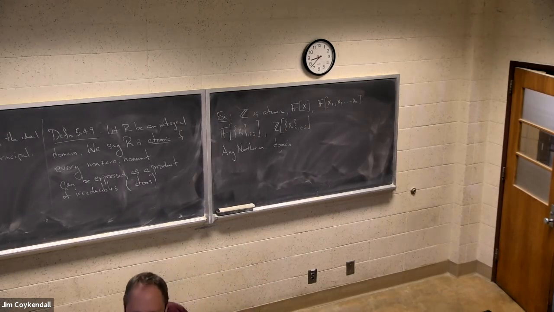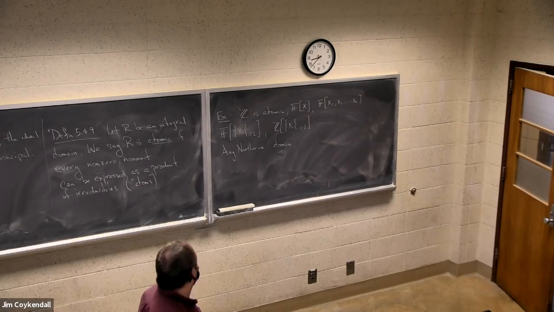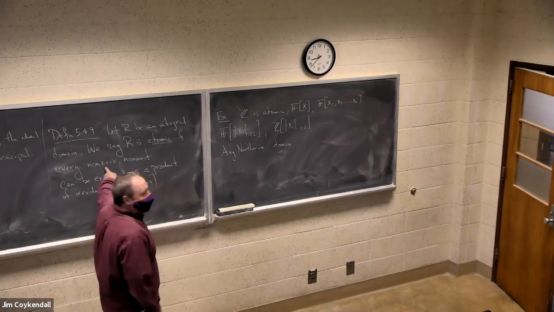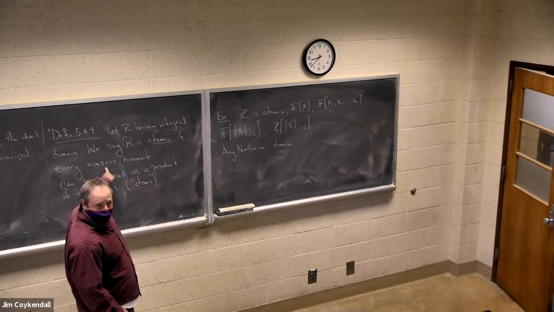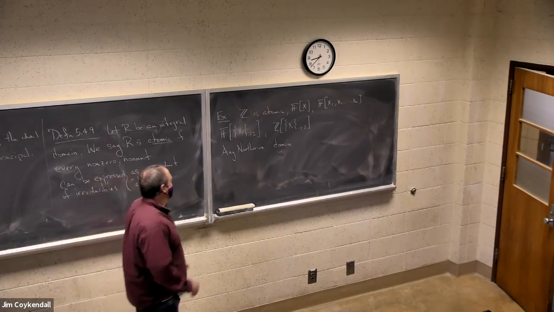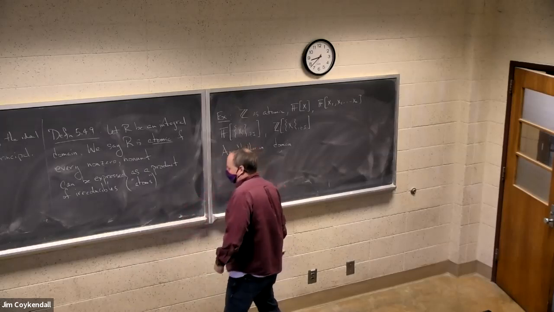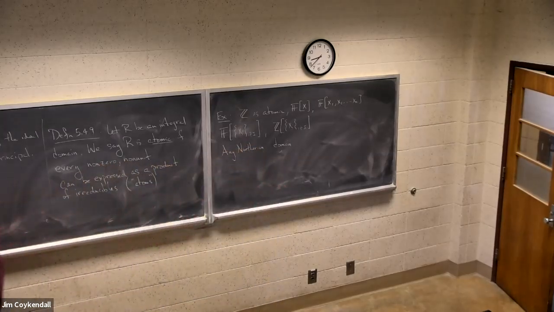So this does beg the question, doesn't it? I mean, I'm a total tool if I sit up here and have a totally vacuous definition, right? Is everything atomic? I'll give you two examples of rings that are not atomic.